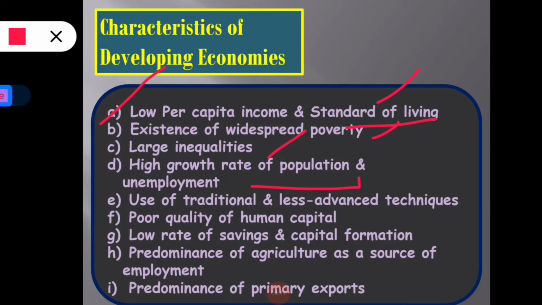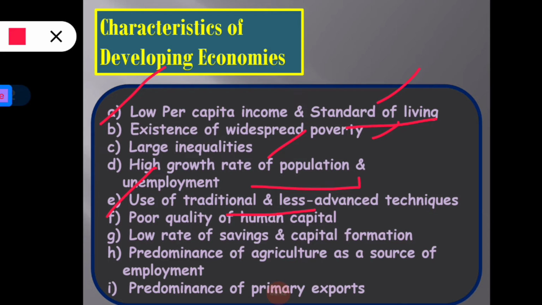And now going to the fifth one, developing economies use traditional and less advanced techniques. So they have a low degree of technical development, and it leads to poor quality of human capital because the educational level depends on the technological development also.